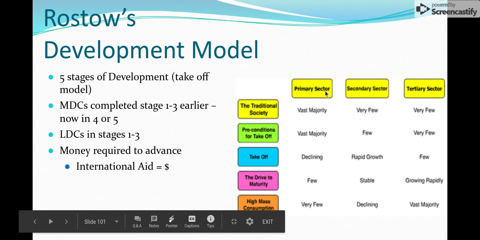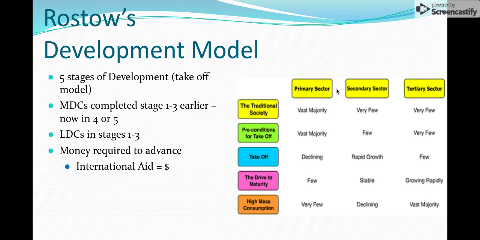If you remember, we have the 3 main types of jobs: primary sector, secondary sector, and tertiary sector jobs. If you were in a traditional society, many of the people in this stage 1 would be in primary sector jobs, mainly agricultural, rural settings, with very few people skilled and talented in the secondary and tertiary sector jobs. Some examples of traditional societies: English colonies in the 17th century, medieval Europe.